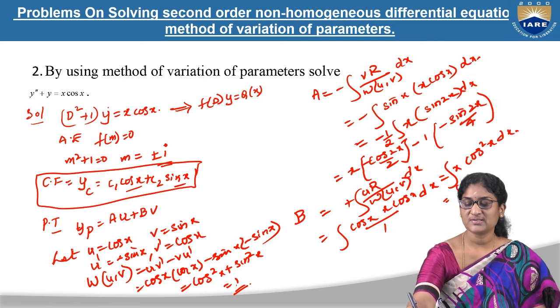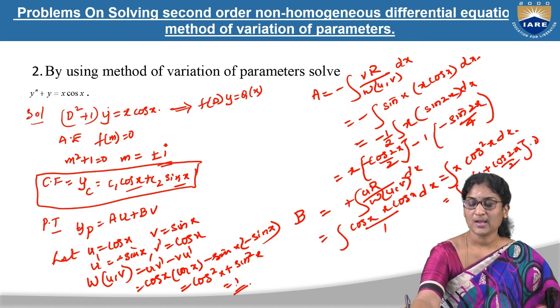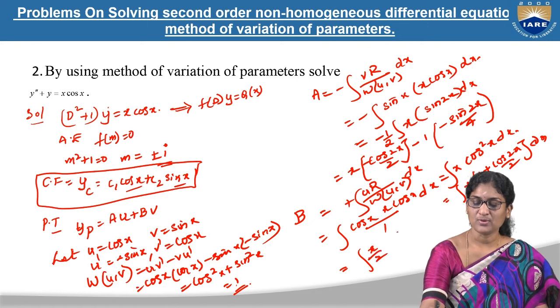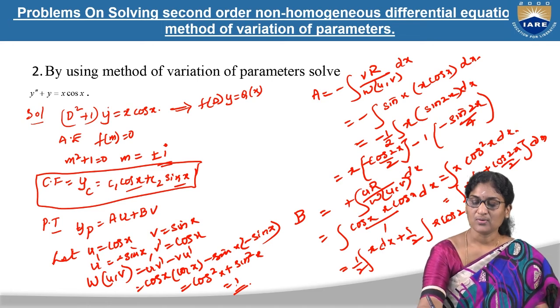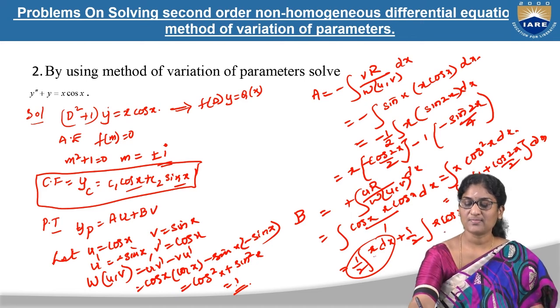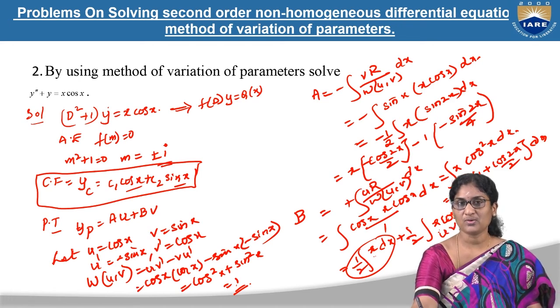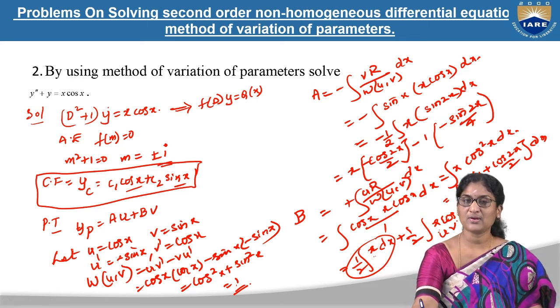So I'll replace this with (1 plus cos 2x) by 2. The 1 by 2 can be taken outside. So 1 by 2 into integral of x plus 1 by 2 into integral of x cos 2x dx. Now integral of x is nothing but x square by 2, and x cos 2x can be integrated by the u v rule, just like how we have done for the a value. Also the b value can be obtained.